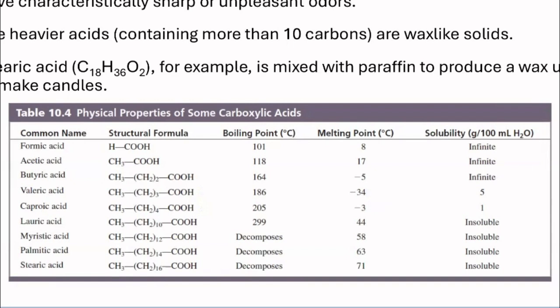The more important thing that we need to know here is that the solubility of carboxylic acids depends on how many carbons are in the molecule. Carboxylic acids that have 5 carbon atoms or less, so from here down, tend to be very soluble in water.